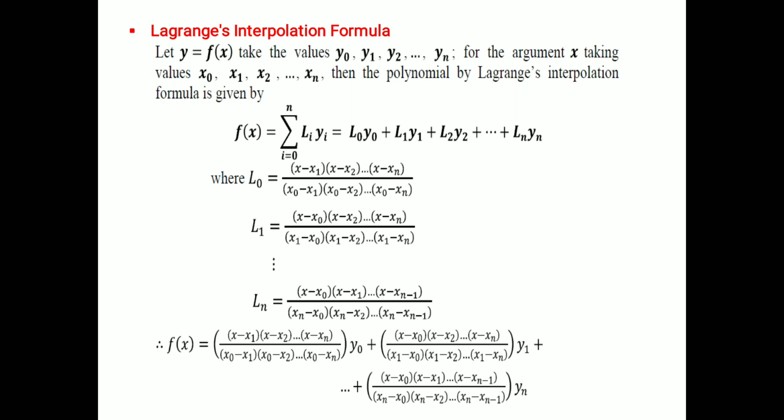Similarly, the value of Ln is given by (x minus x0)(x minus x1) and so on up to (x minus xn minus 1), divided by (xn minus x0)(xn minus x1) and so on up to (xn minus xn minus 1).